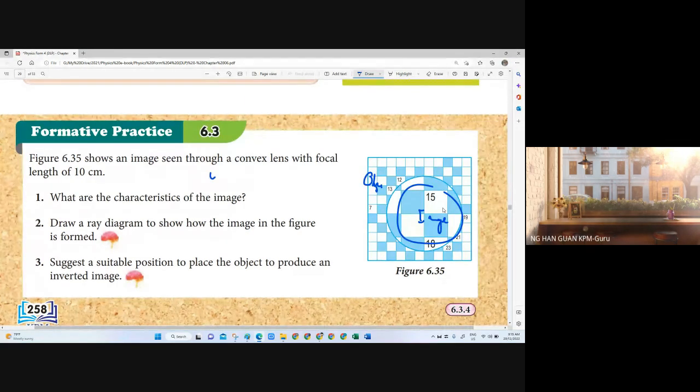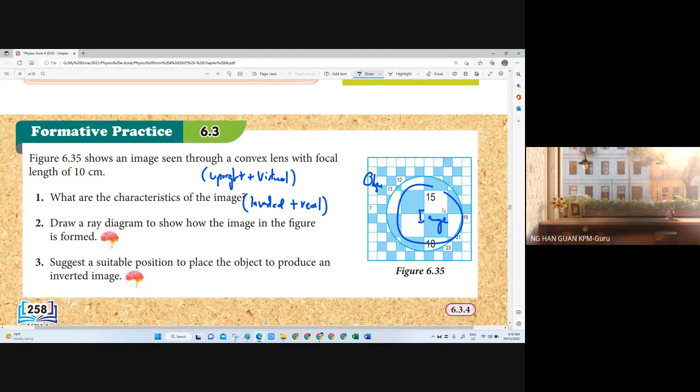When the image is upright, it is always virtual. Upright is always virtual, and inverted is always real, or real is always inverted, virtual is always upright. So these two patterns are confirmed when you have a single lens.